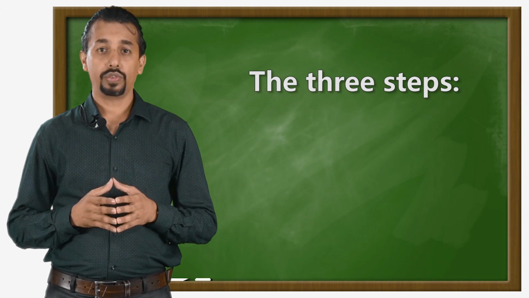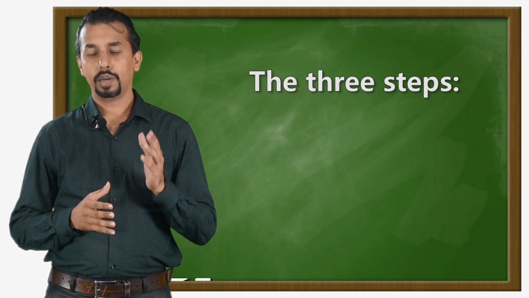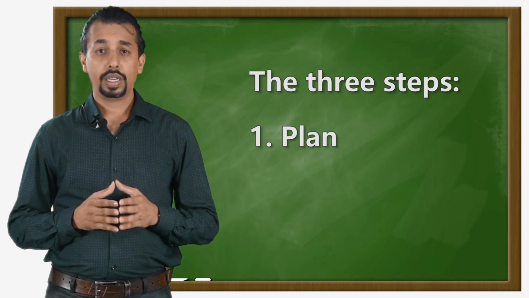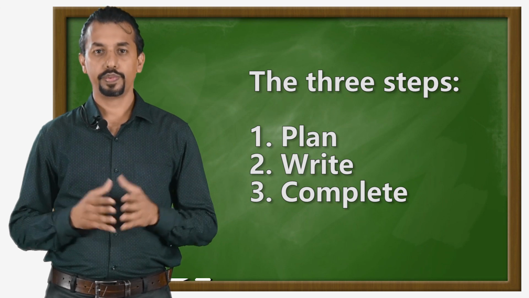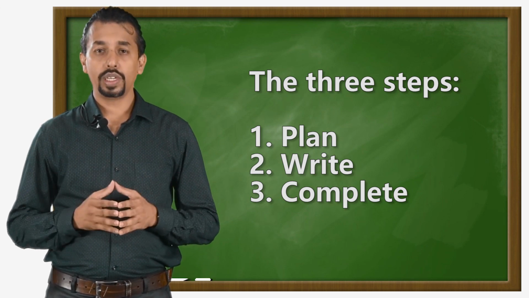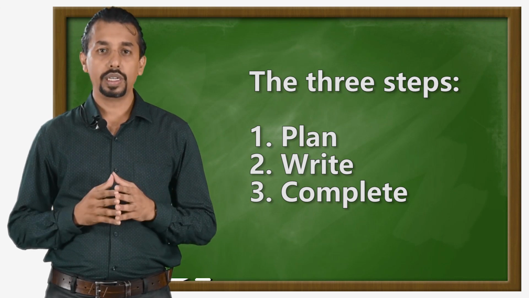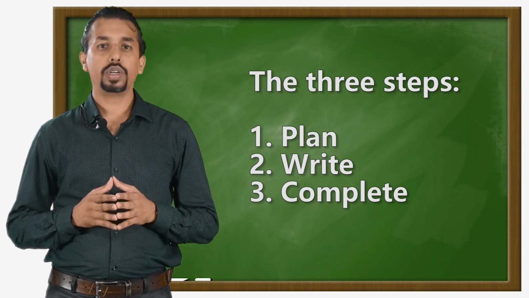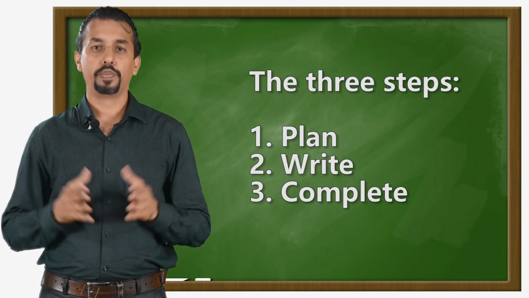The three steps of any good business communication process are: number 1, plan; number 2, write; number 3, complete. It has been our experience that the more one uses this three-step process, the more intuitive and automatic it becomes over a period of time.